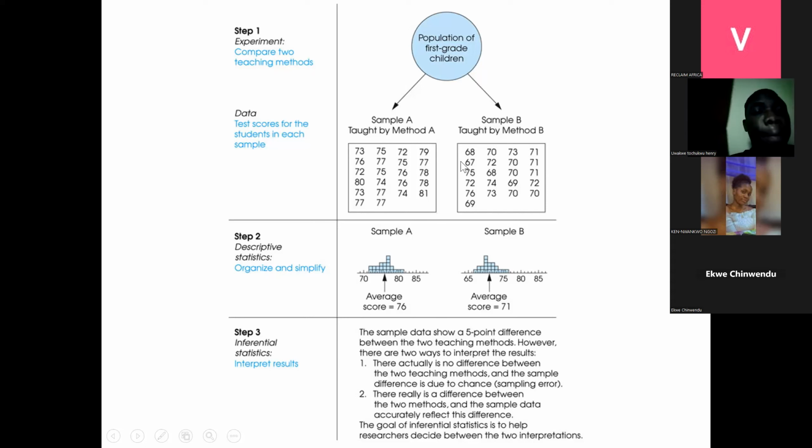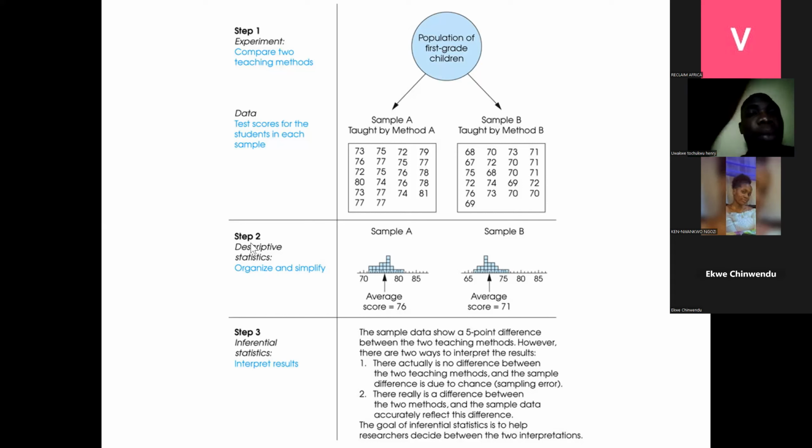That is step 1, experiment. Okay, good. So it means I'm loud and clear. So I continue. Okay, don't worry, I understand your network is a little bit bad from that end. So I continue now.